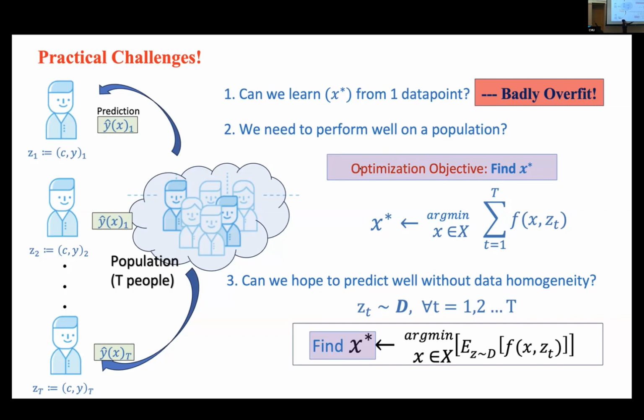So one simple assumption is that the data point of each patient, the vector Z_t, which is nothing but the tuple C and Y of that patient, where C is known and Y is not known, is drawn from some distribution. This distribution is not known to us, but there is a fixed distribution from where we are drawing it. Now our objective is essentially whatever I was writing as a sum, I just turned into an expectation.